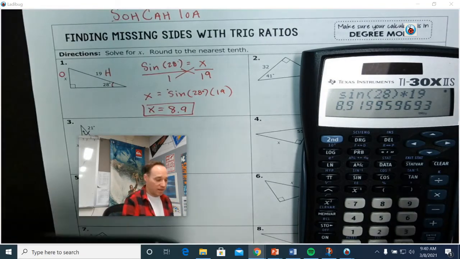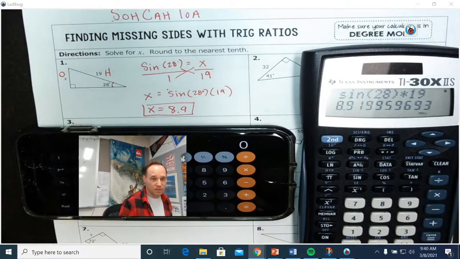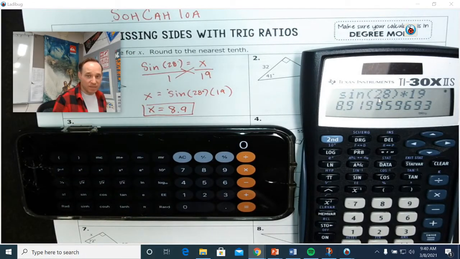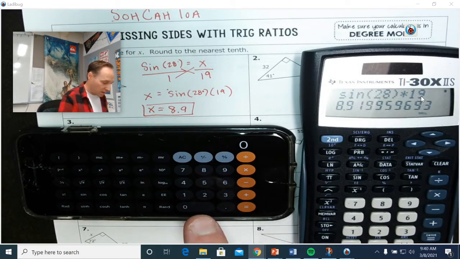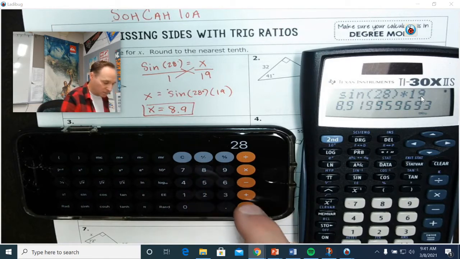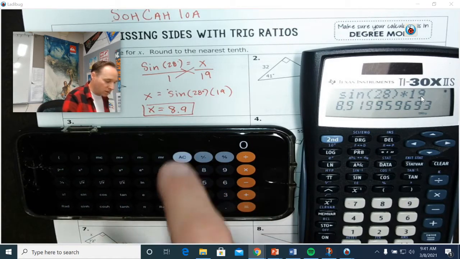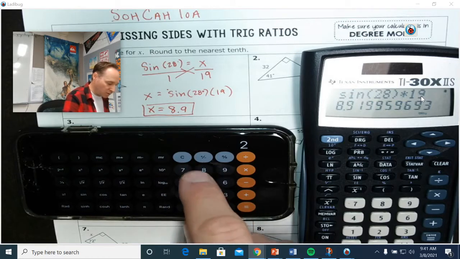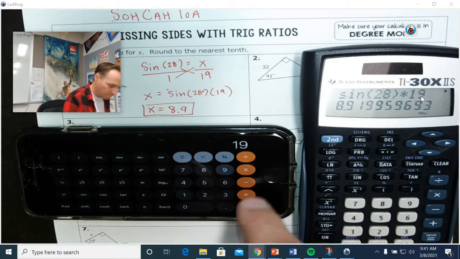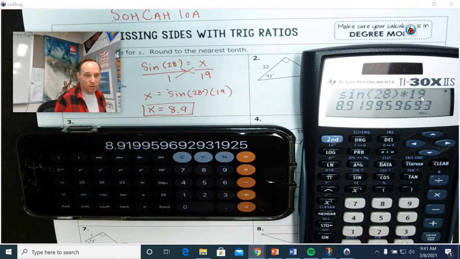So notice on the calculator, you had to hit sine, then the degrees, then times 19. On the phone, if you do that, sine of 28 gives you nothing. So on this, you have to hit the angle first, 28, then hit sine, then times that by, what was it, 19? And you get 8.91.